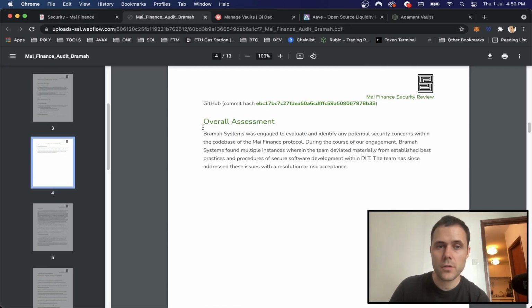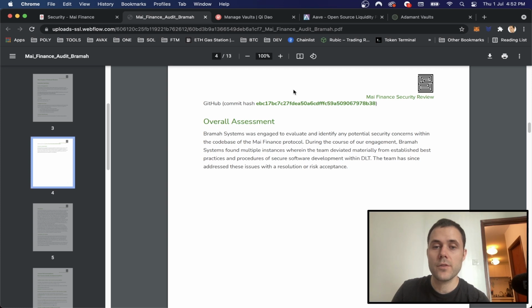Taking a quick look at the audit, I'm not going to read over it in detail, but Brahma Systems was engaged to evaluate and identify potential security concerns within the code base of the Mai Finance protocol. During the course of the engagement, Brahma Systems found multiple instances wherein the team deviated materially from established best practices and procedures of secure software development within DLT.